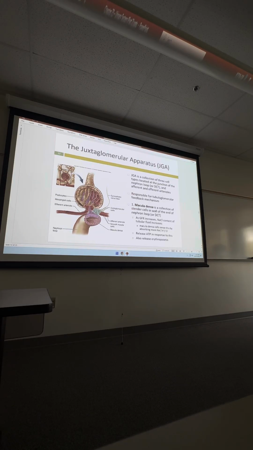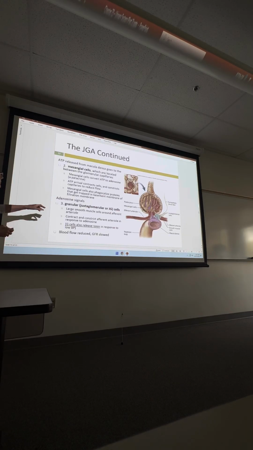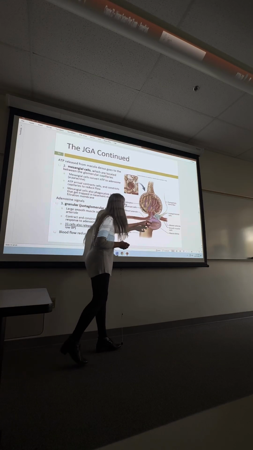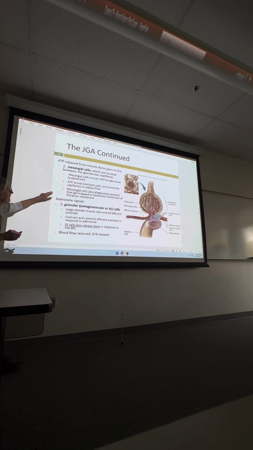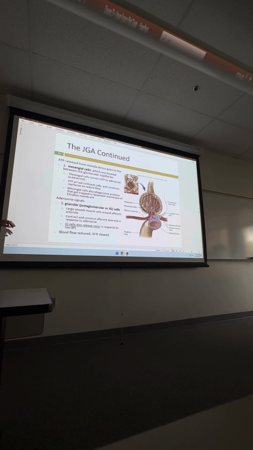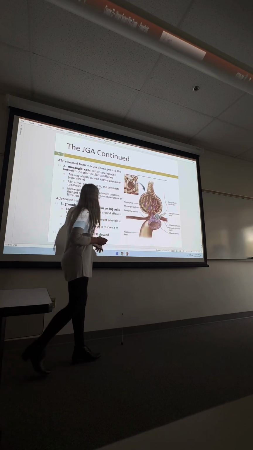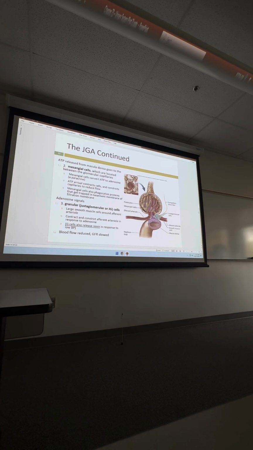Make more red cells. Okay, so the mesangial cells are then going to respond to the ATP that was released by the macula densa, right? ATP released. The mesangial cells convert that ATP to adenosine, and the adenosine tells these granular cells to contract and constrict the afferent arteriole, which will raise blood pressure, or not.